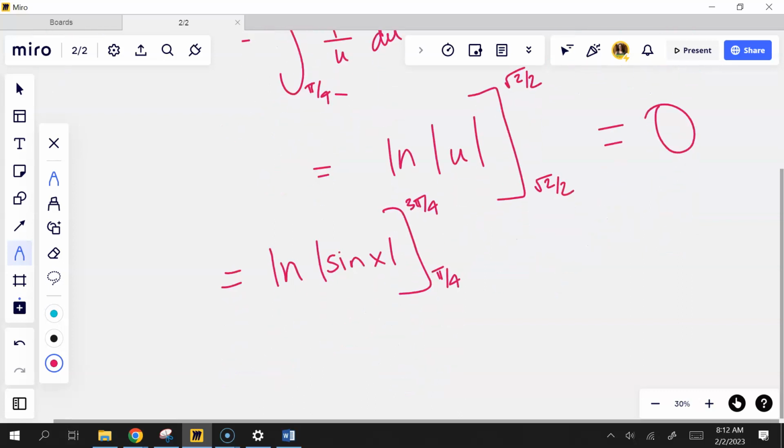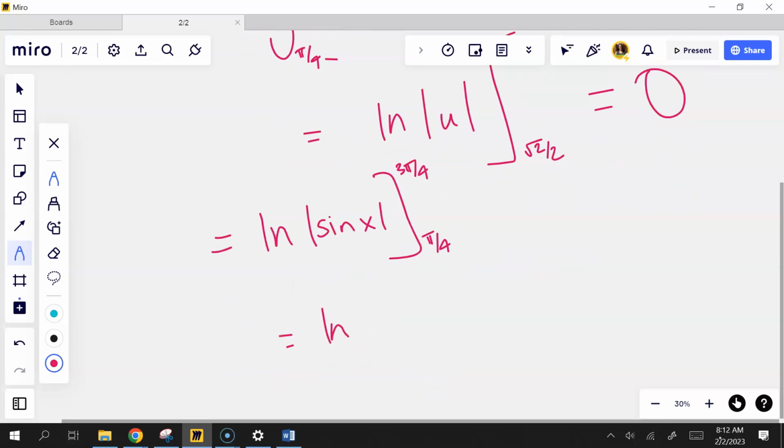Yes, you'd still plug those in. So you do the log of sine of 3 pi over 4 minus natural log of sine of pi over 4. Still come back to the same thing.